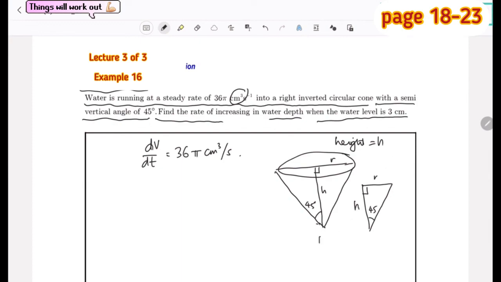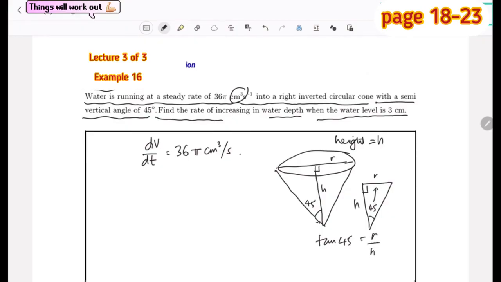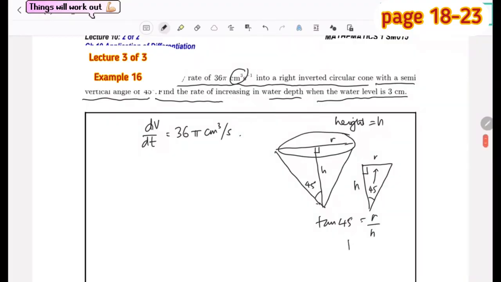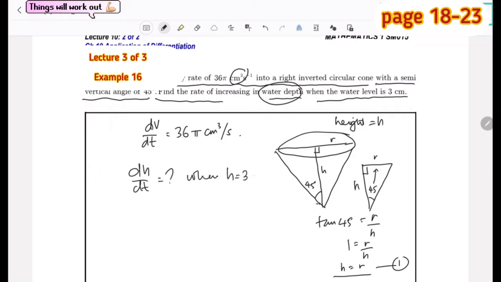So we have tangent 45, which is the opposite over adjacent, r over h. Tangent 45 is 1, so r over h is 1, and we get h equal to r. Find the rate of increase of water depth. So we need to get dh/dt when h is 3 cm.